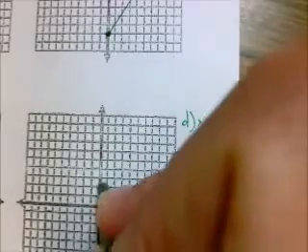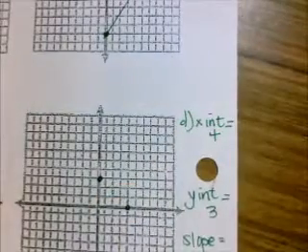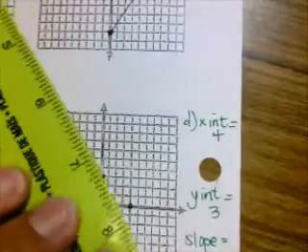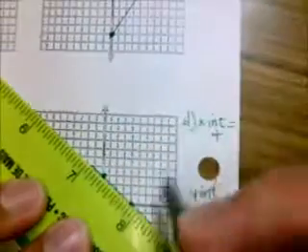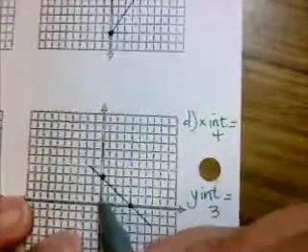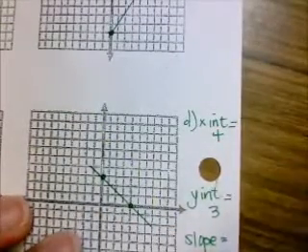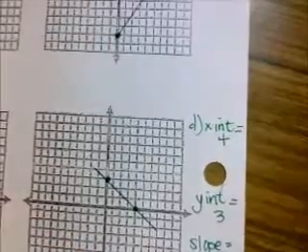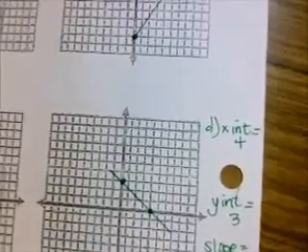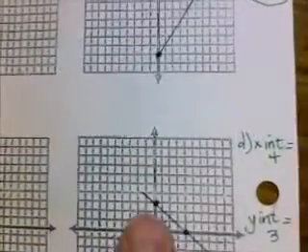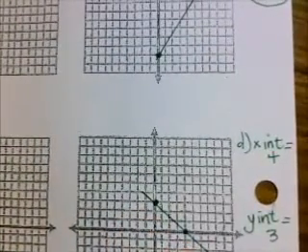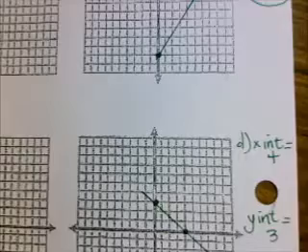The y-intercept is at the positive 3. Okay, down 3 over 4. So these two right here, this last one, they have the exact same slope. And just notice them. They look the exact same in terms of how steep they are. Okay, even though they have different intercepts.